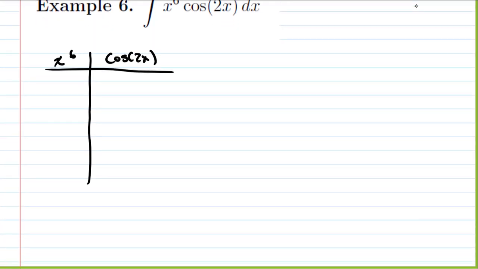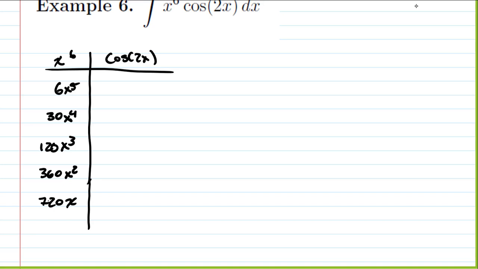And we are going to take derivatives down the first column. So the derivative of x to the 6th is 6x to the 5th, 30x to the 4th, 120x cubed (I can't multiply, that's 120), 360x squared, 720x, 720, and then finally we get to 0.